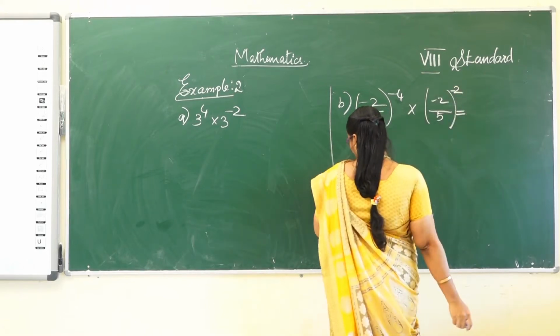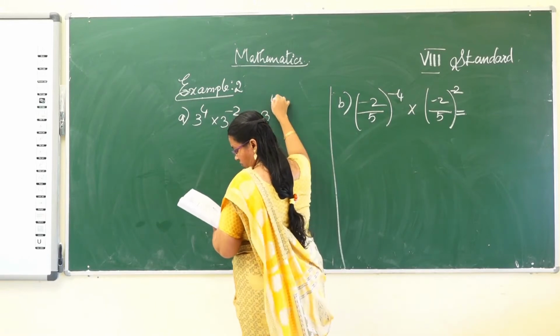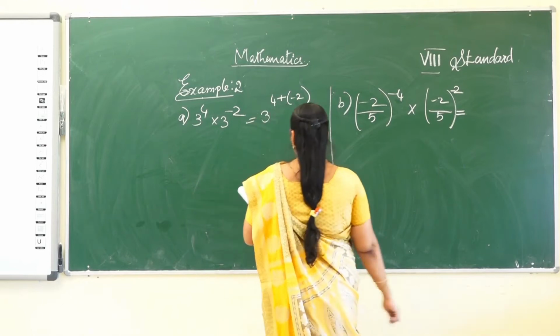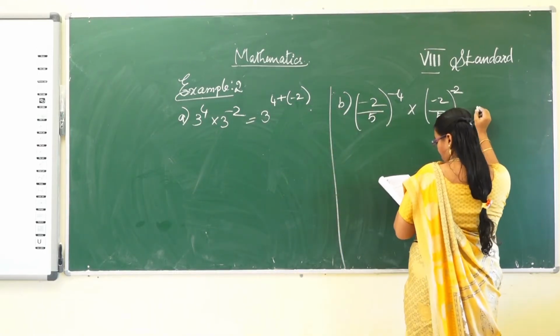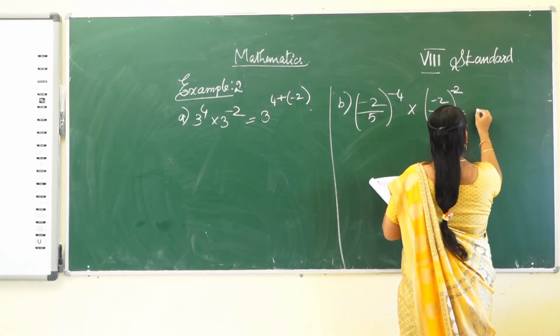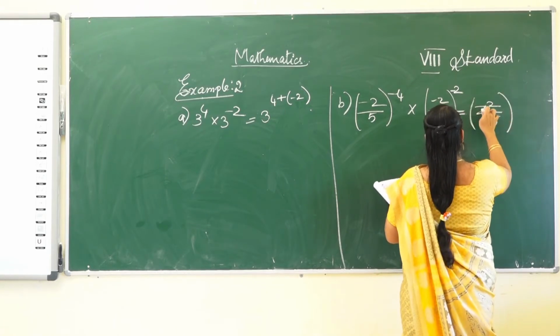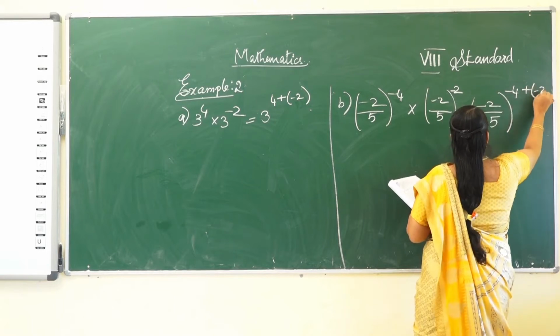Here also verify the following: minus 2 by 5 the whole power minus 4 plus minus 2.